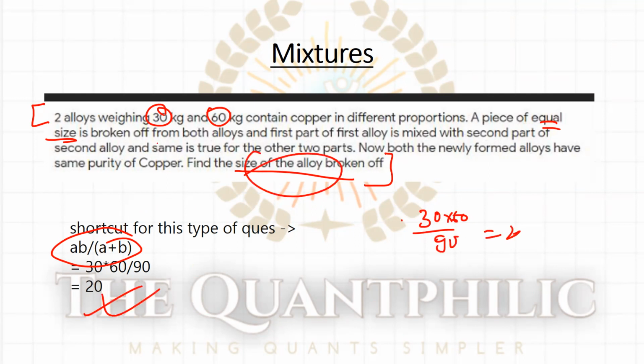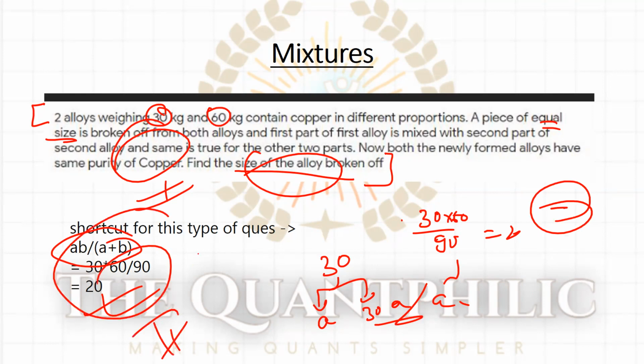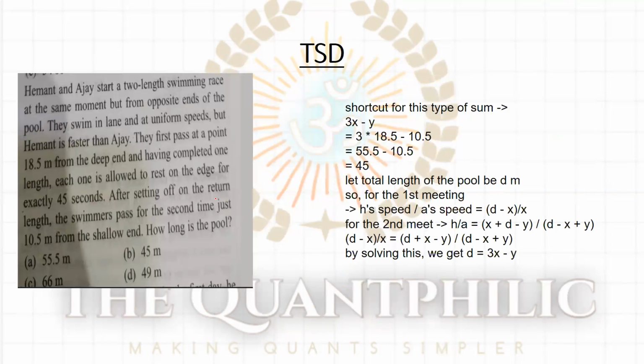This is a very good direct usage. If you want to do this normally, you have to take A, then 30 minus A, and so on, then equate the fractions. Instead of doing this, you can directly use the shortcut AB by A plus B. Now this shortcut is very specific to this type of question.